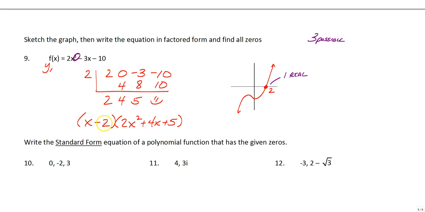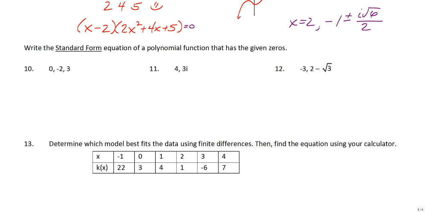So of course we're going to have x is equal to 2, but then we have to set this part equal to 0. Again, I would use the quadratic formula, and that would give you a -1 plus or minus i root 6 all over 2. Again, you can take the time to go watch the quadratic video part again. We need to try to get through this as quickly as we can.